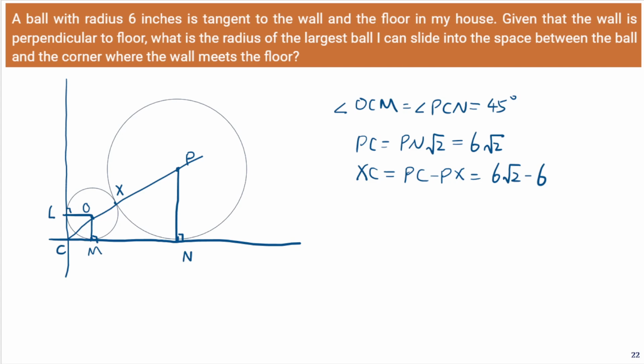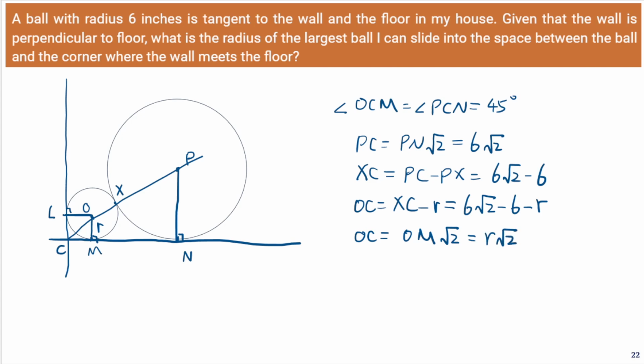If we let the radius of our smallest sphere be R, we know that OC equals XC minus R, which is 6 square root 2 minus 6 minus R. However, from triangle OCM, we also have OC equals OM times square root 2, which equals R square root 2. Therefore, we have two expressions for OC, which we can set equal. So we have R square root 2 equals 6 square root 2 minus 6 minus R.